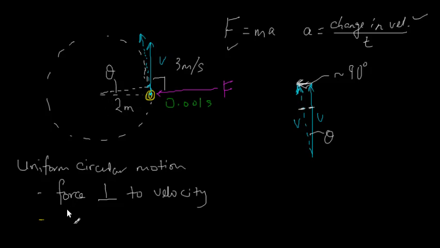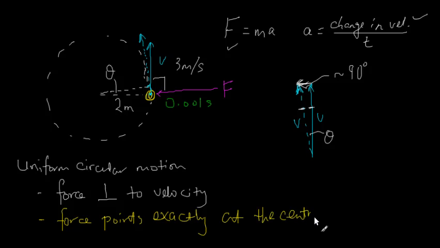So the force points exactly at the center. And this is our centripetal force that I've described previously. That's called a centripetal force. And this is a very important result about motion in a circle.